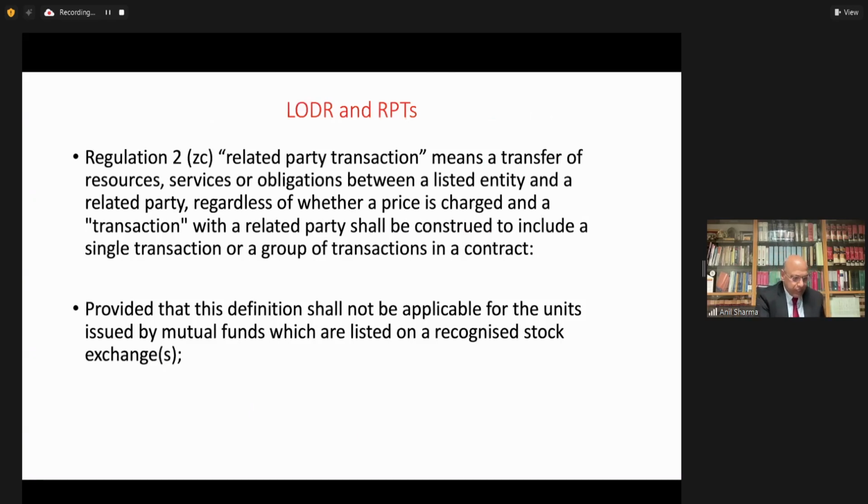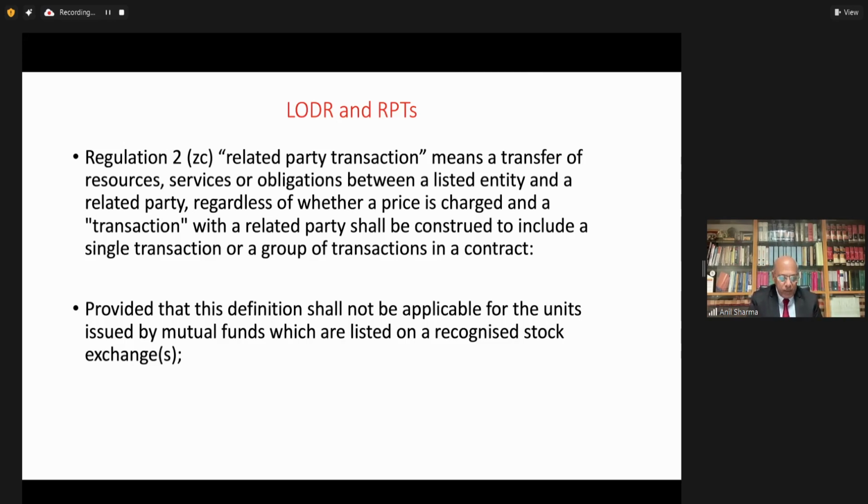Now, in the case of a listed company, some more strict regulations come in because those companies are in the public eye, and a lot of public money is involved. So the listing obligation and disclosure requirement regulations, LODR, which are issued by SEBI, specifically prescribe some additional requirements with regard to related party transactions.